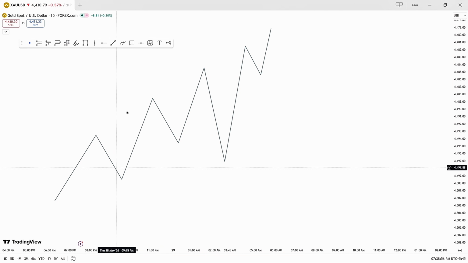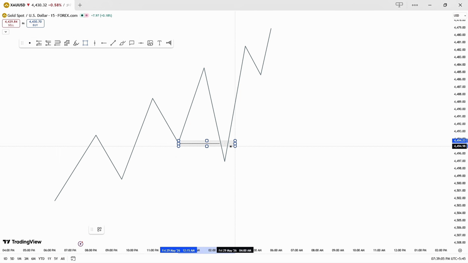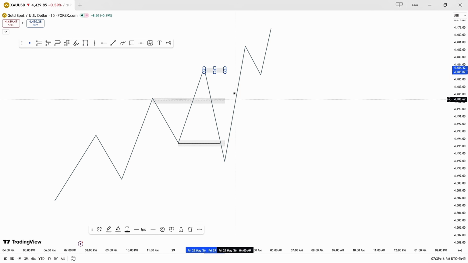And as I already told you, this is the support become resistance level, then this is the QM level, and then this is the apex level for now.